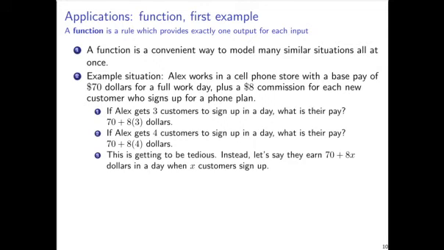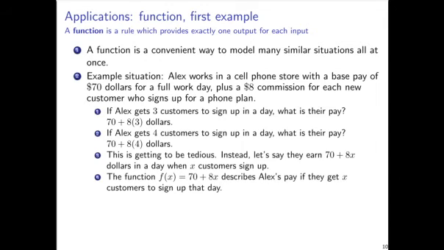Now, if we keep doing this, what about 5 customers? What if 12 customers sign up in a day? Alex has a really good day. This will get tedious. So instead, let's just say that Alex earns 70 plus 8x dollars in a day when x customers sign up.